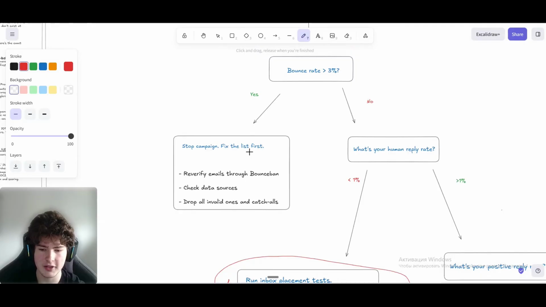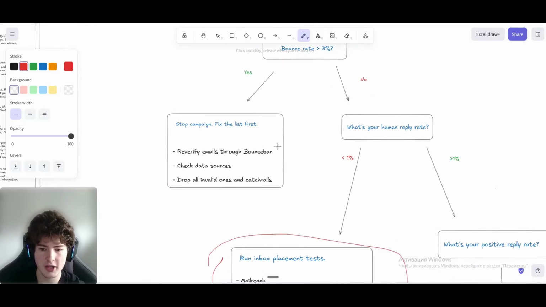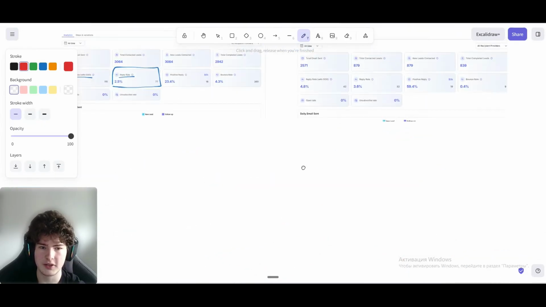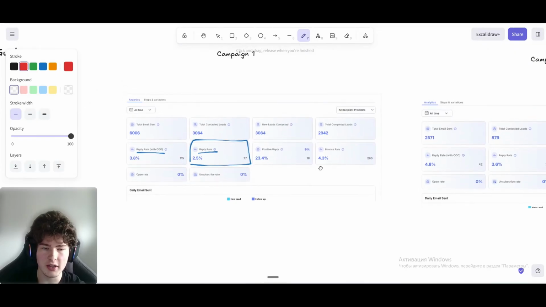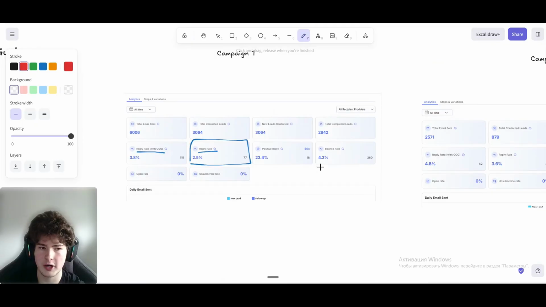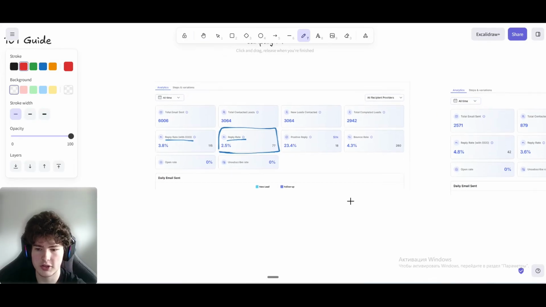Stop the campaign, fix the list, re-verify emails through BounceBan, check data sources, drop all invalid ones and catch-alls. For this campaign, we dropped all the email sending gateways, Proofpoint, Barracuda, Mimecast, whatever, and then the bounce rate became lower. So that's how it was troubleshot.